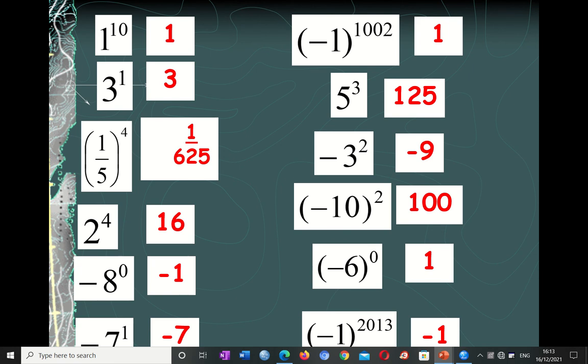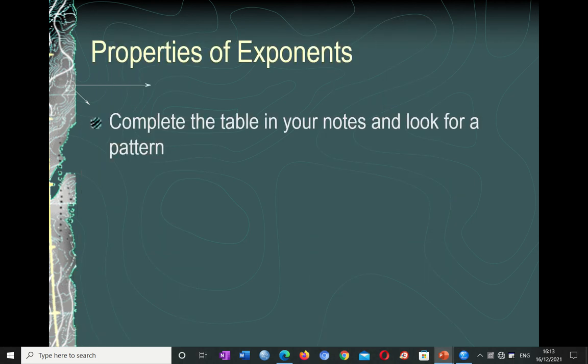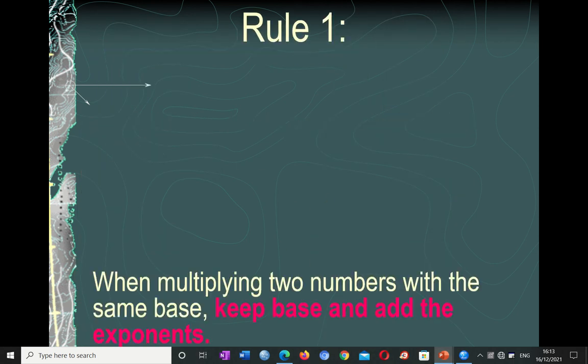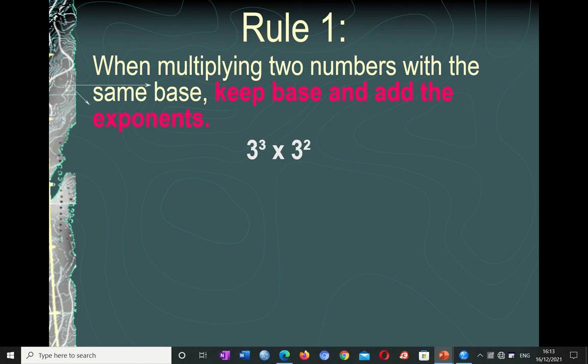Yes, let us continue. Now we are going to see some rules with the powers. The base is 3, and the exponent is 3 here. Here, the base is 3, and the exponent is 2.